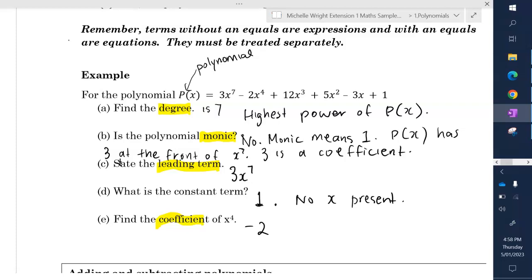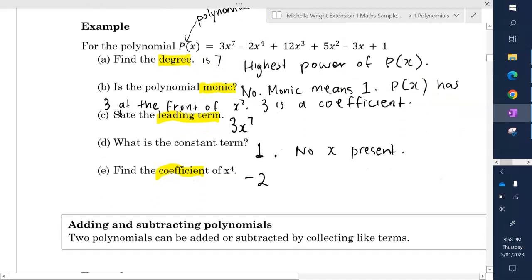The constant term is this 1 at the end. It has no x in it. It's constant. It doesn't have that variable x in there. And the coefficient of x to the 4 is -2. It's the number out the front of x to the power of 4. Likewise, the coefficient of x cubed is 12. The coefficient of x to the 7 is 3. That's language you need to get good at, and you will practice that in the first exercise.